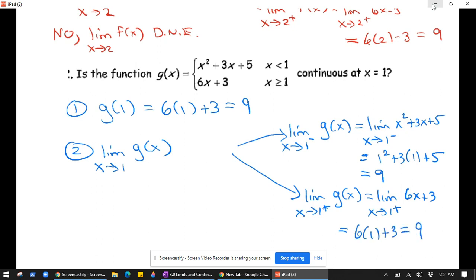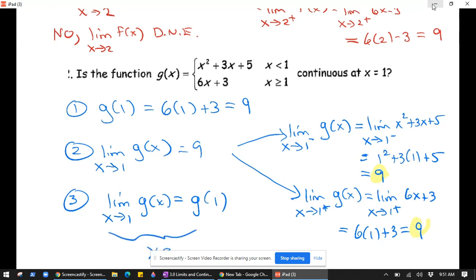Those limits agree. The left and the right-hand limits agree, so therefore the two-sided limit is equal to 9. And therefore our punchline is that we know that the limit as x goes to 1 of g of x is equal to g of 1. And so this proves that the answer is yes, g of x is continuous at x equals 1.